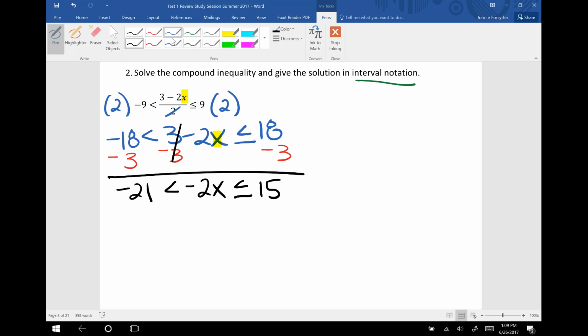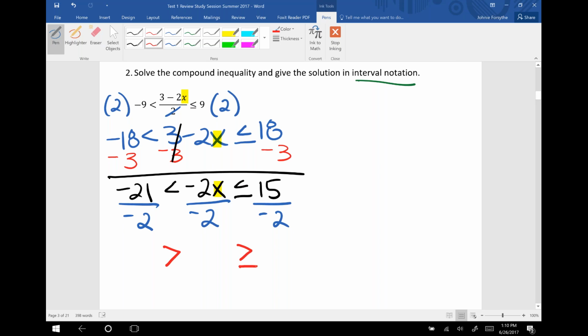Okay, so now we are ready to still get this x by itself. So we're going to divide by negative 2. Now, when you are solving an inequality and you divide or multiply by a negative number across the inequality, like what we're doing right now, you must flip your inequality signs. So that means that this is going to become greater than, this is going to become greater than or equal to.